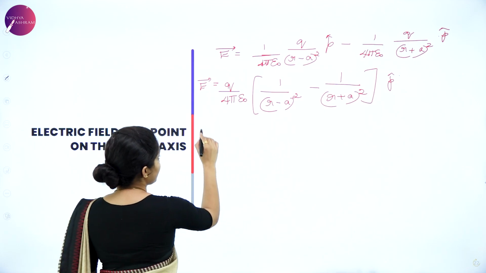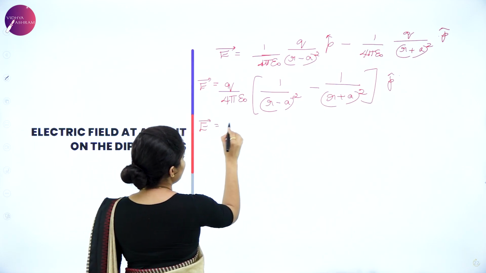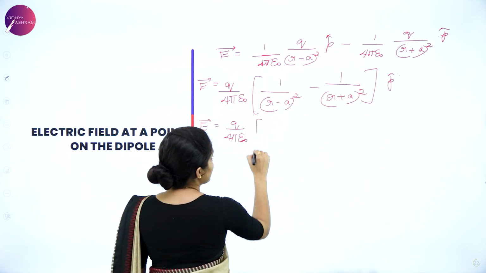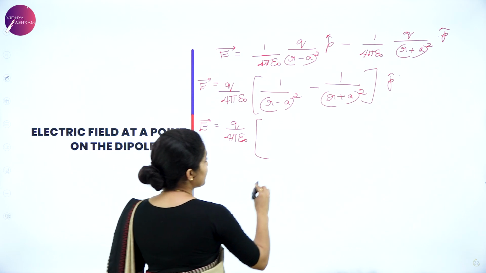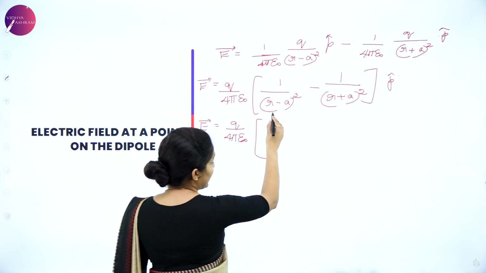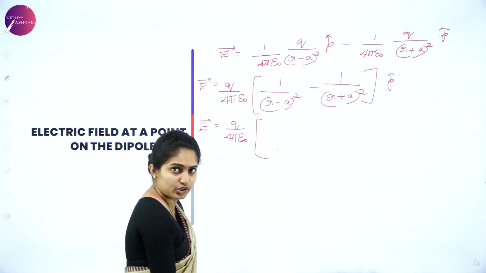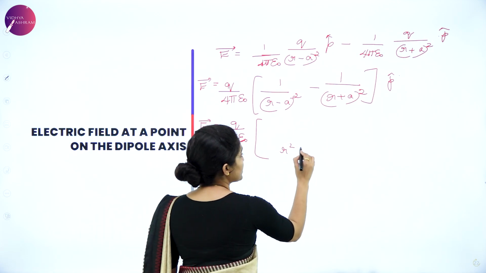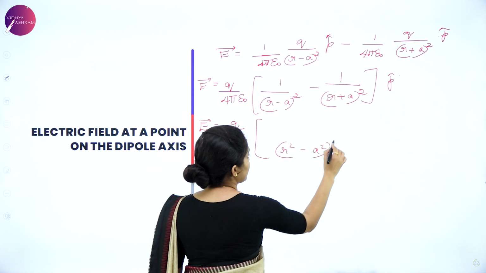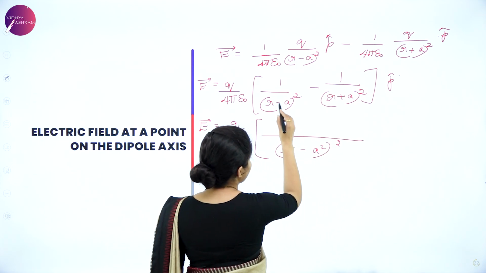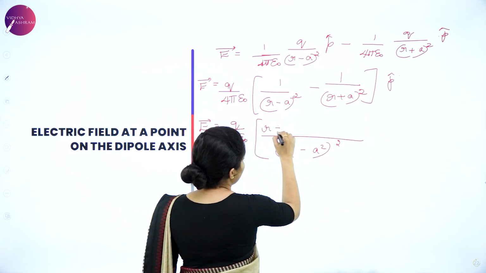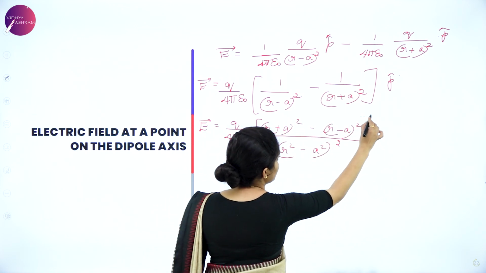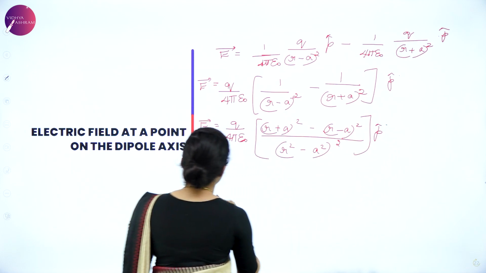Next, vector E is equal to Q by 4 pi epsilon naught. The LCM of it gives you (R minus A) whole square, (R plus A) the whole square. This is of the form (R square minus A square) the whole square. So it becomes (R plus A) the whole square minus (R minus A) the whole square into P cap.